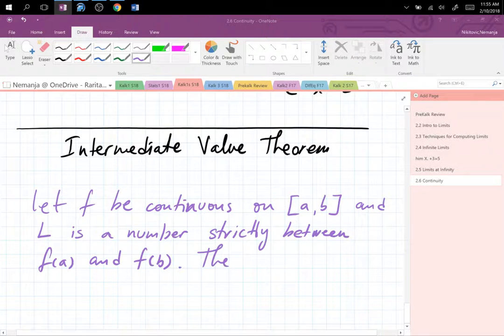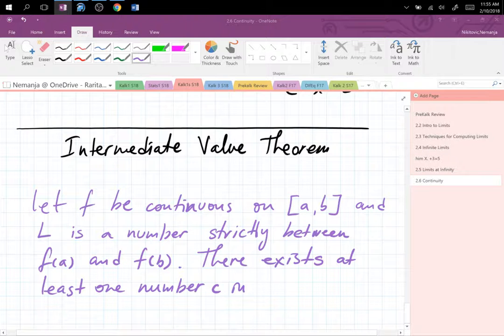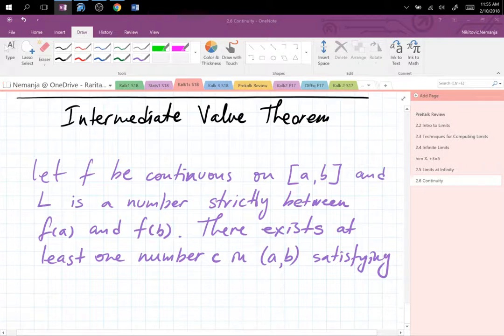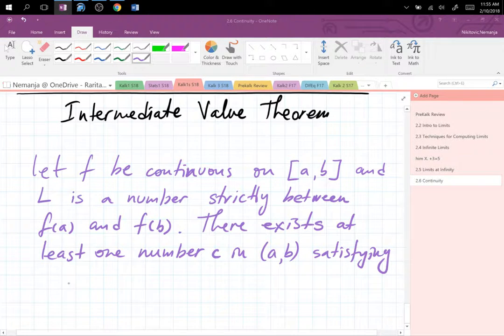There exists at least one number c in (a, b) satisfying f of c is L.